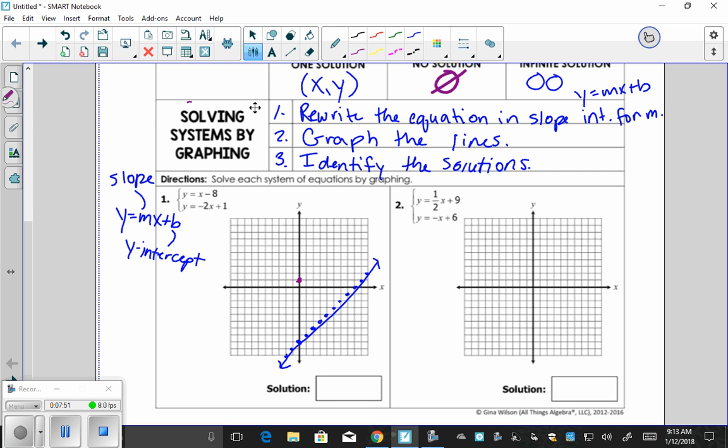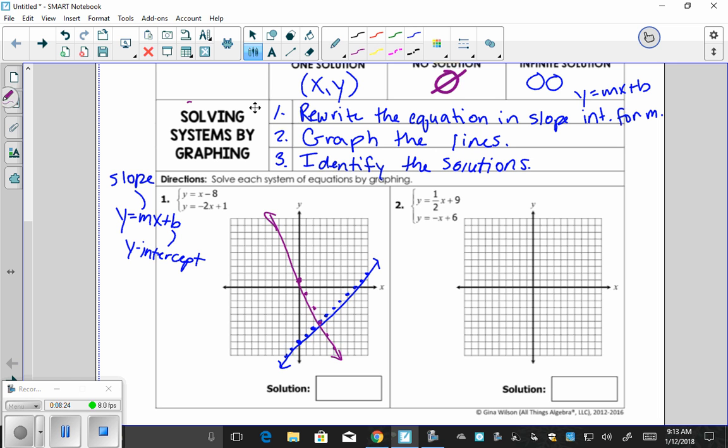So go down 2, right 1. Is this getting me closer to my line? So keep going that direction. Go down 2, right 1. Do I need to go the other direction? What am I looking for? I'm trying to get them to cross. So all I have to do now, I don't have to continue my points, just continue the line.